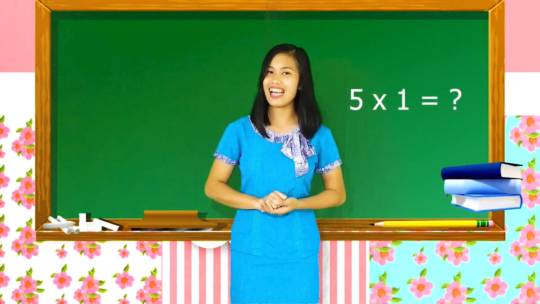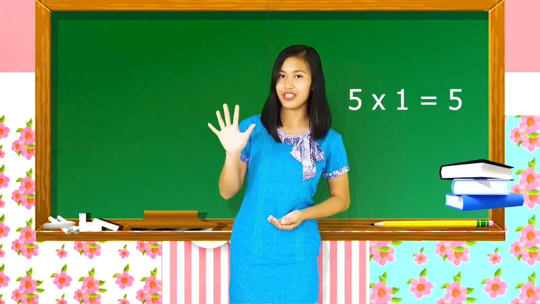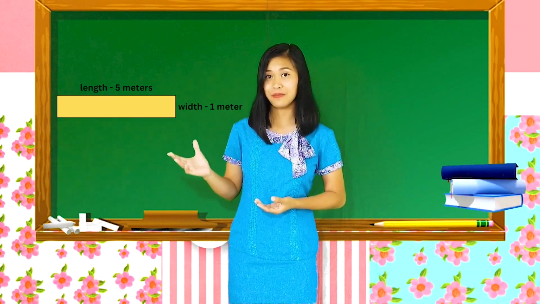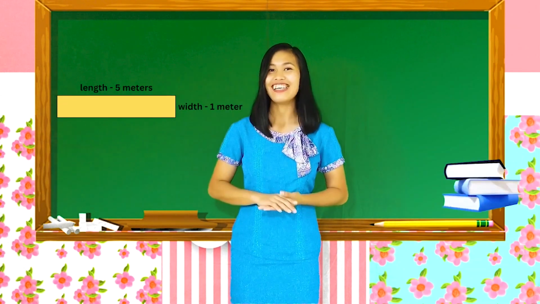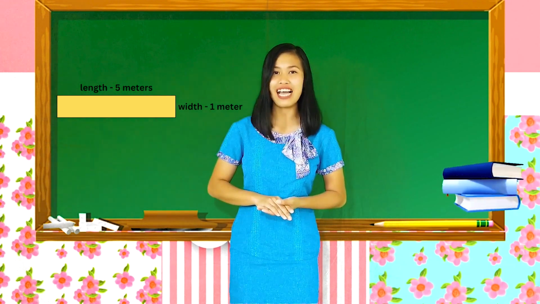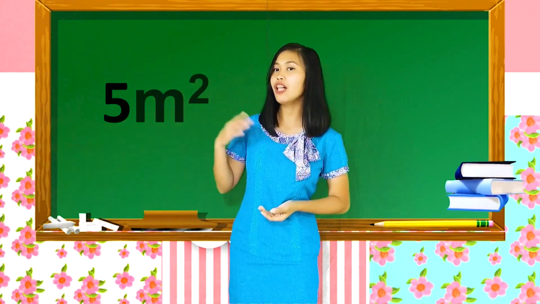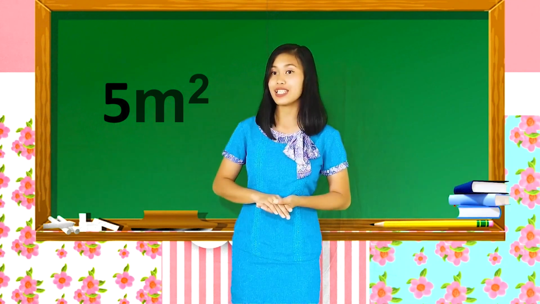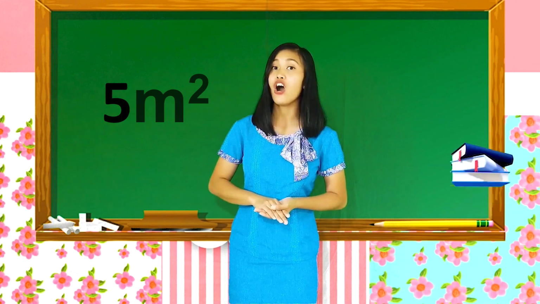Excellent! The answer is 5. So what is the area of this rectangle? Very good. The area of this rectangle is 5 meters squared. The small number 2 here that you see means that this rectangle has an area of 5 square meters.